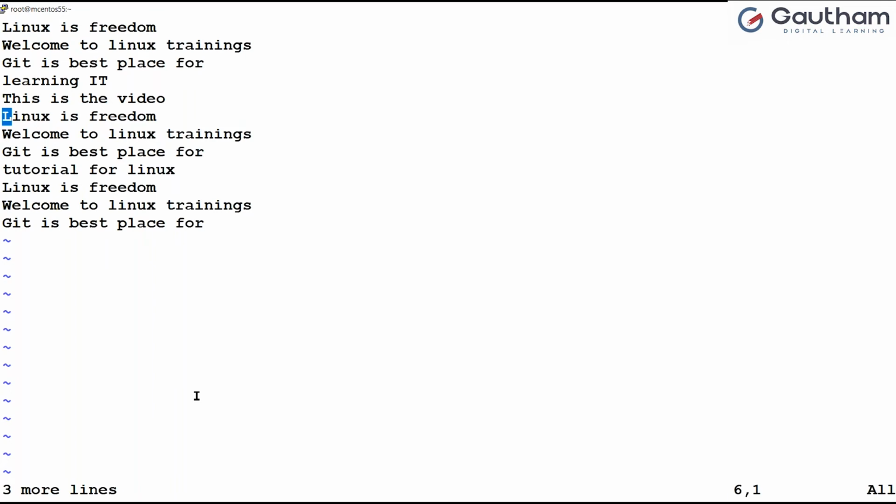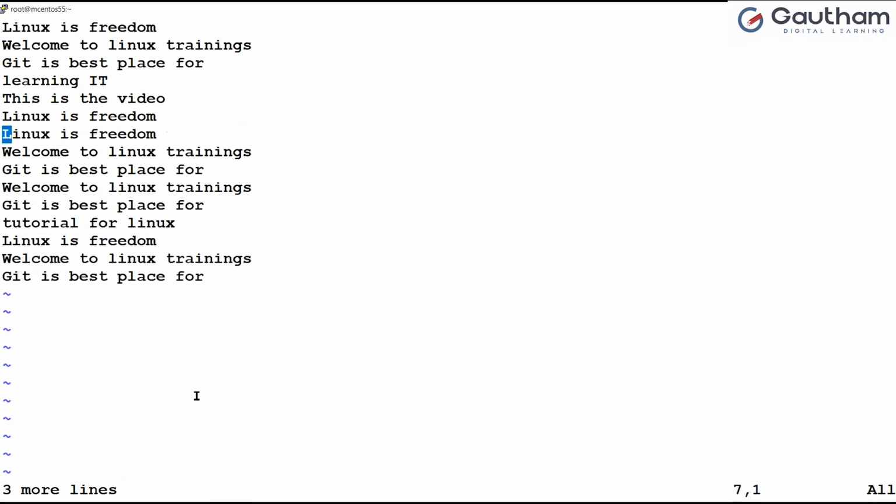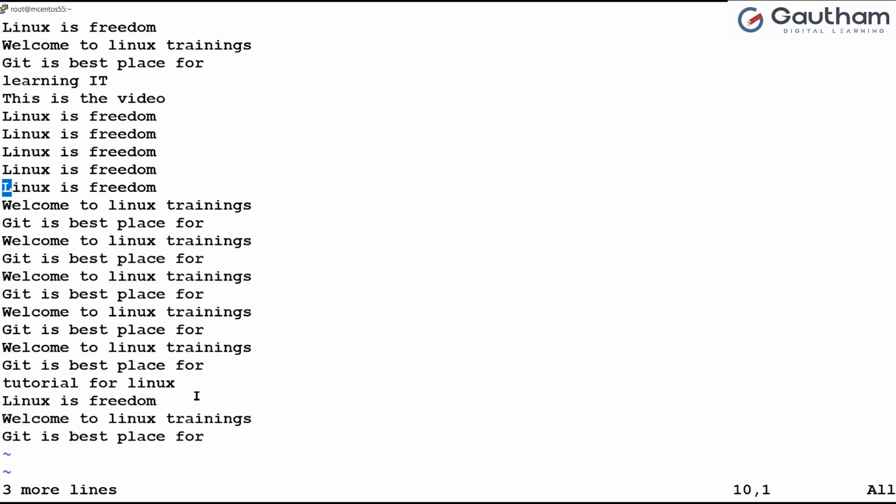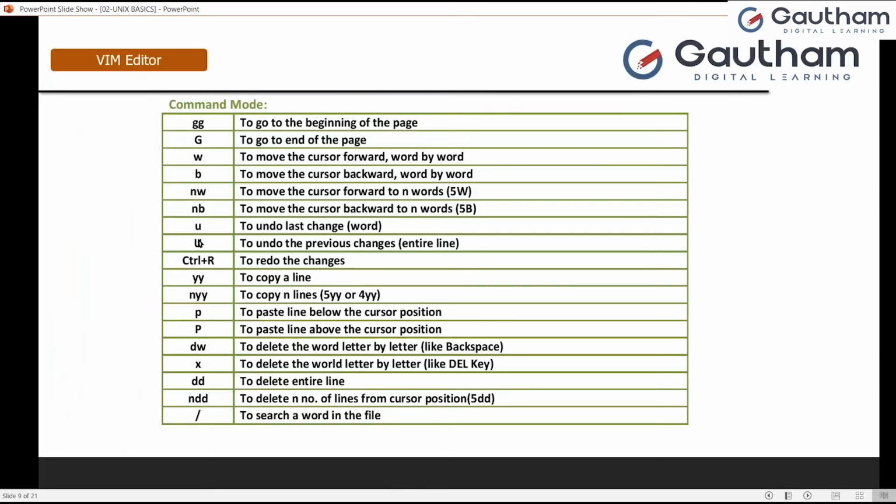Now let us say that by mistake, I have pasted multiple times. I did not intend to paste it so many times. Now I want to undo the last change. Like in graphics, we use Control Z to undo the last change. Here, to undo the last change, you can use u.